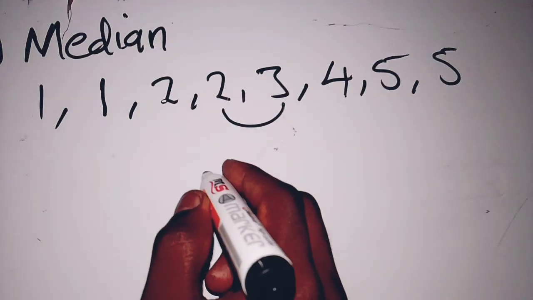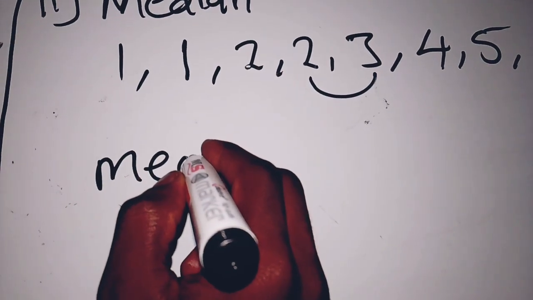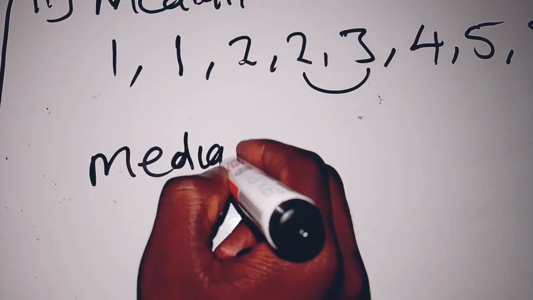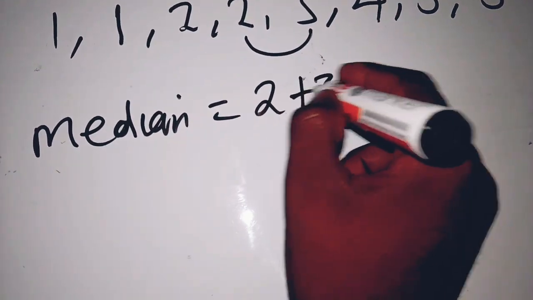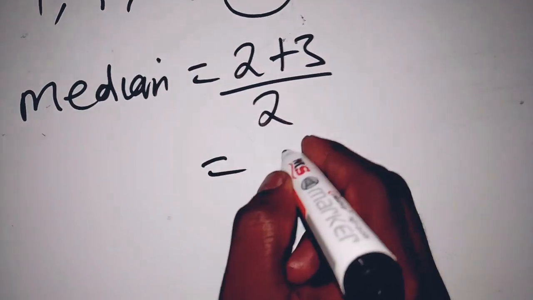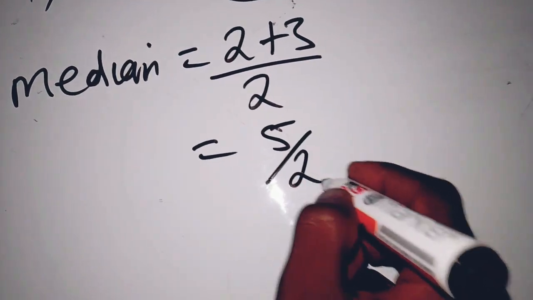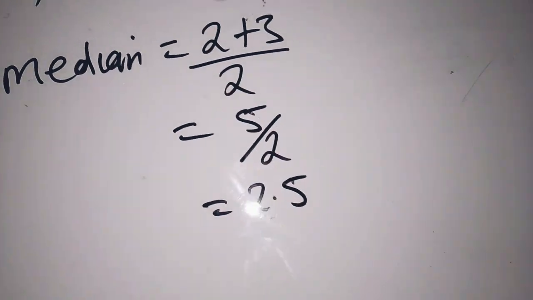What do we have to do? The median will be 2 plus 3 divided by 2, then it will be 5 over 2, which is 2.5.